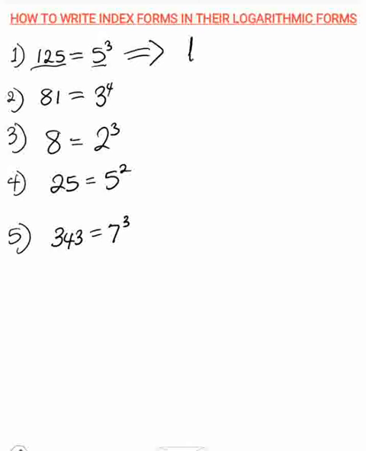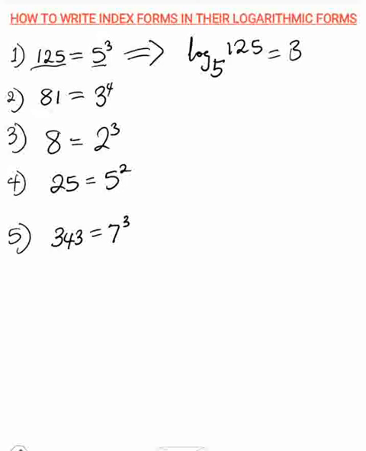that is log 125. This becomes the base, that is 5, is equal to what? 3. So this is the logarithmic form of this index form we have here.